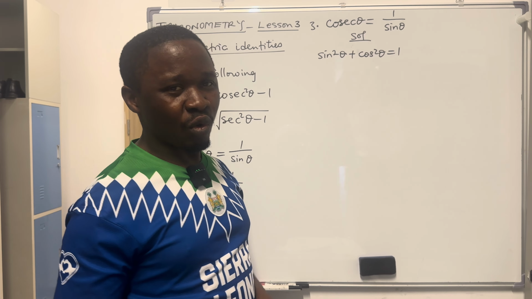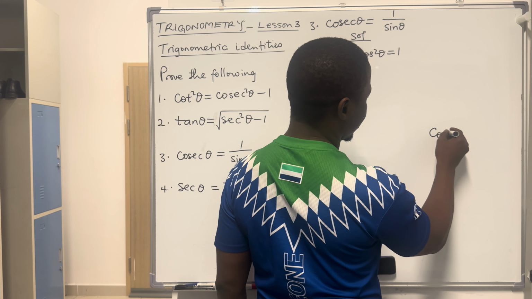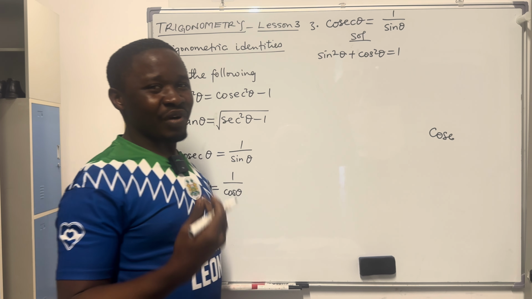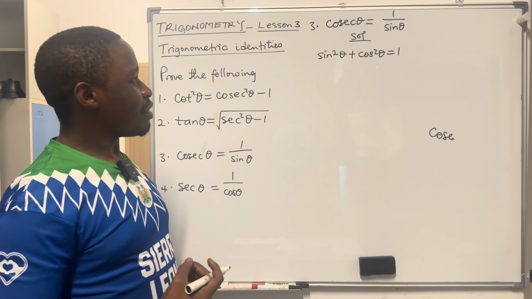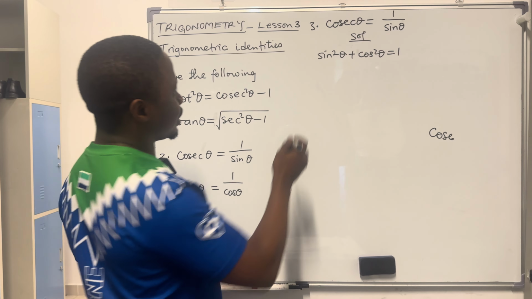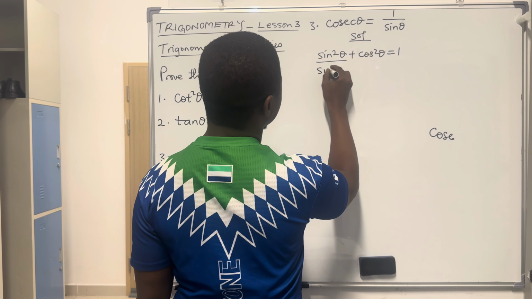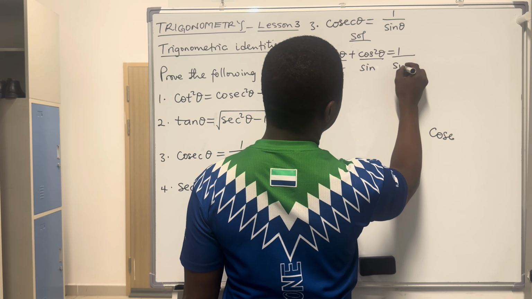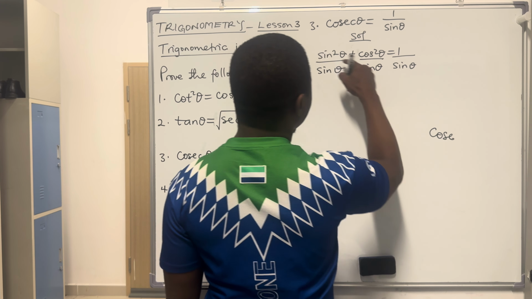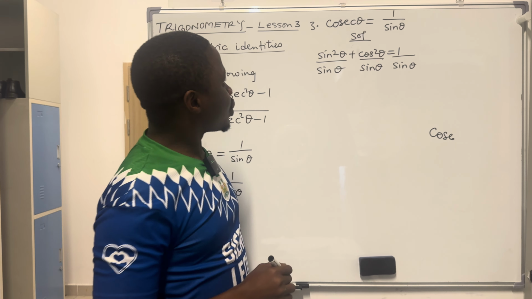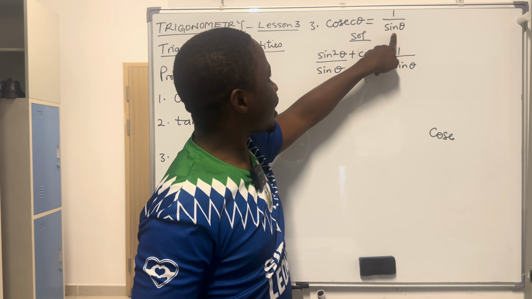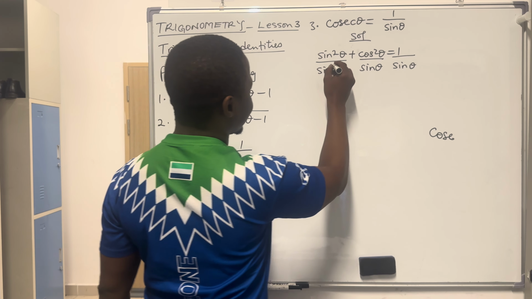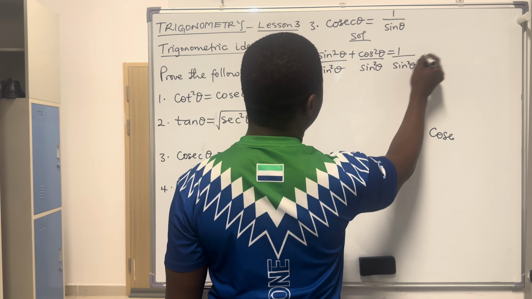So the next thing is we want to prove that this is equal to this. But what is cosec actually equal to? Cosec is 1 over sine. So we divide every term by sine. So we divide here by sine, here again, and here again. But the thing is, there are squares everywhere. So since cosec is 1 over sine and cosec square is 1 over sine square, then we can use the one with the square.